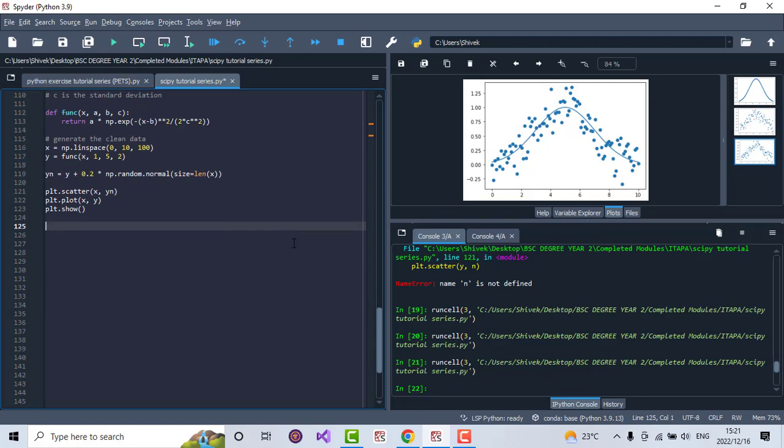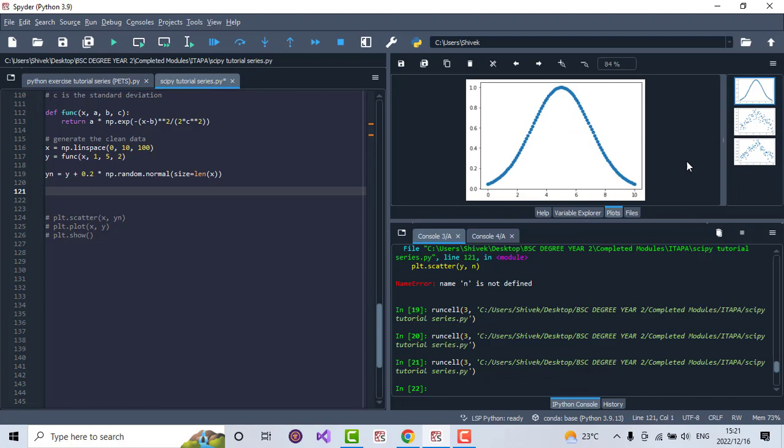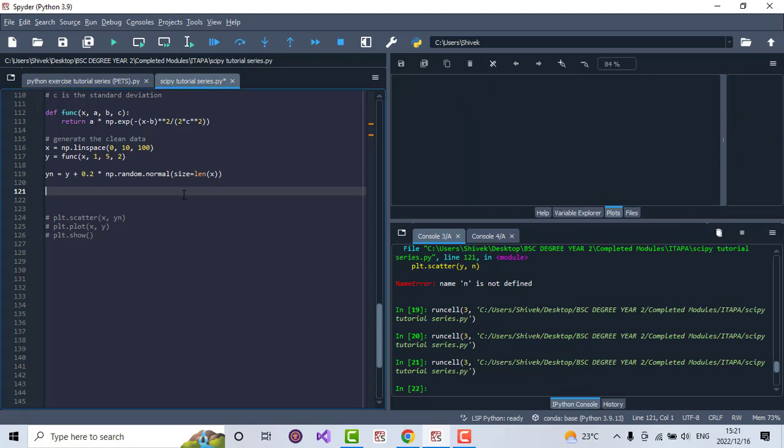Now moving on, it's the exact same process, guys. What we will proceed to do is comment this out so I don't keep getting a visualization. And popt, pcov is equal to curve_fit. Once again, guys, it's the exact same process.